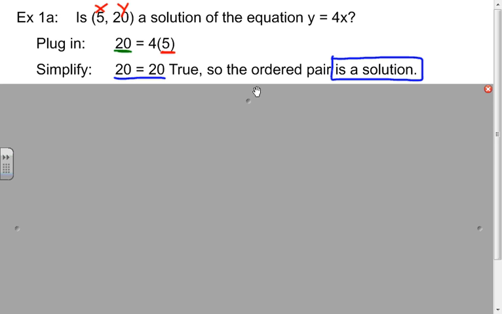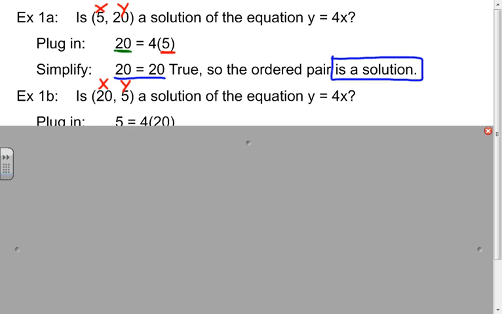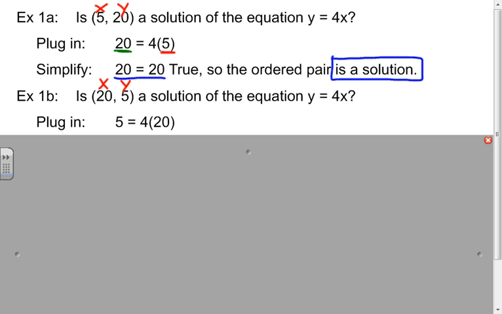Now, we can also try another one. This time I've switched my numbers around. So the first number is still the x number. The second number is still the y number. So I'm using the same equation, but this time I'm plugging in 20 for x, and I'm plugging in 5 for y.